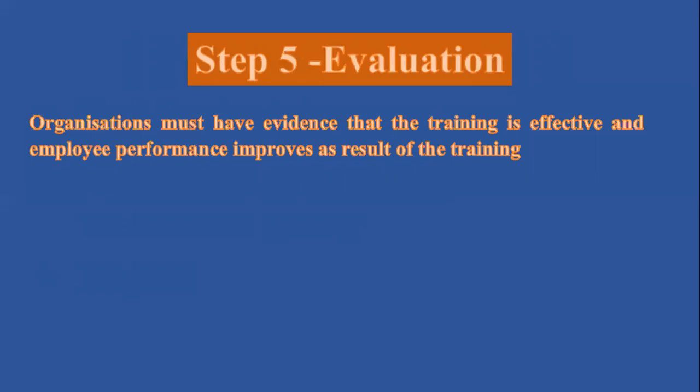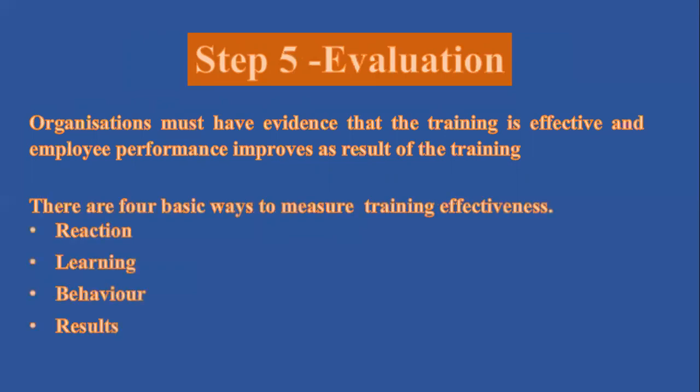The point is that it makes no sense for an organization to spend hundreds and sometimes tens of thousands of rupees on designing a training program to not have any proof that the training has actually proven results. Organizations must have evidence that the training is effective and employee performance improves as a result of the training.